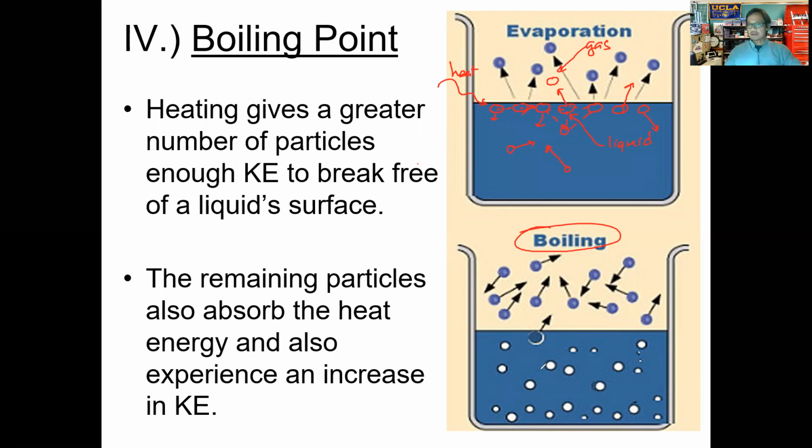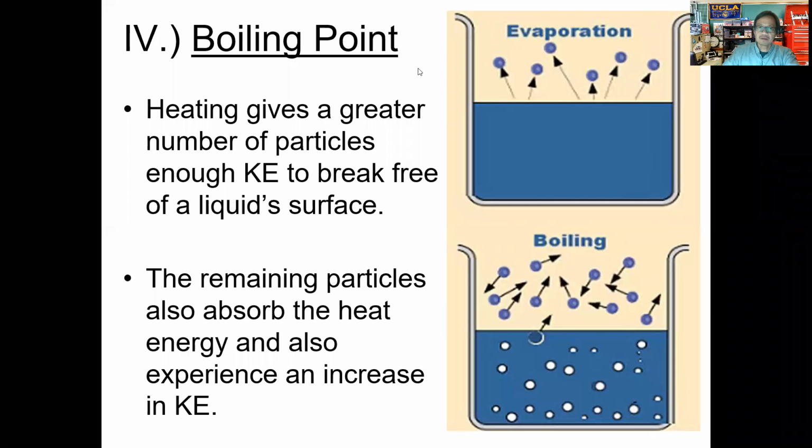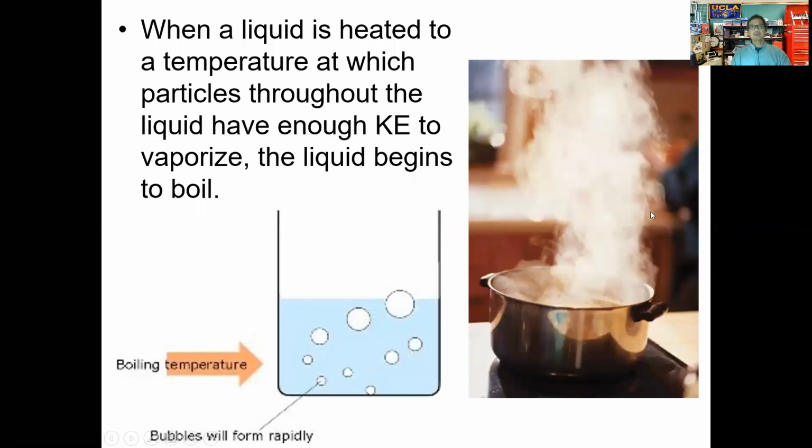And so if more and more of the particles, not just the ones at the surface, start to increase their kinetic energy, what we get is the phenomenon known as boiling. As you start heating up a liquid, it's not only the particles at the surface that increase their kinetic energy.